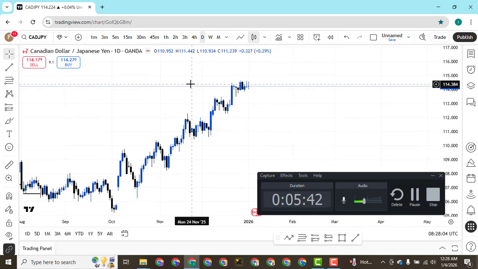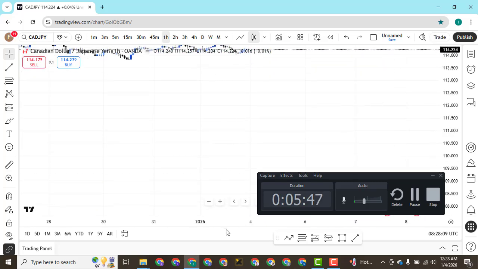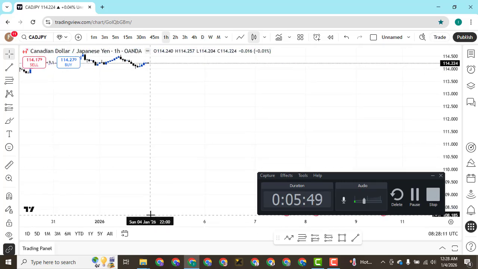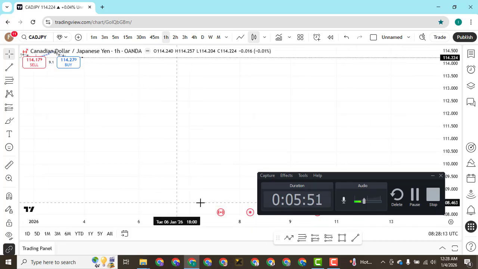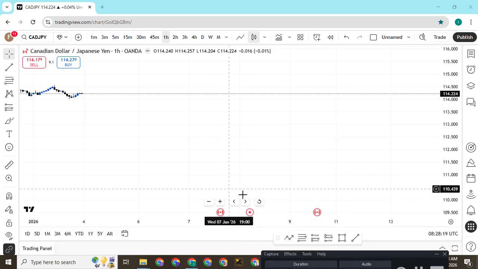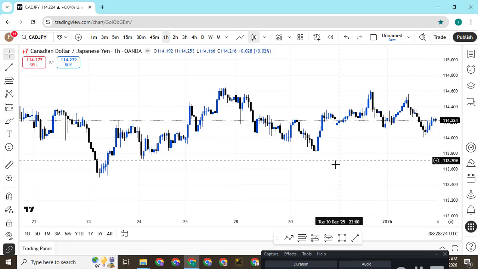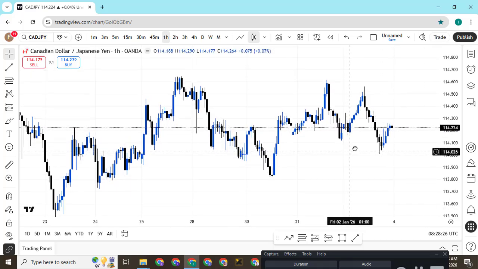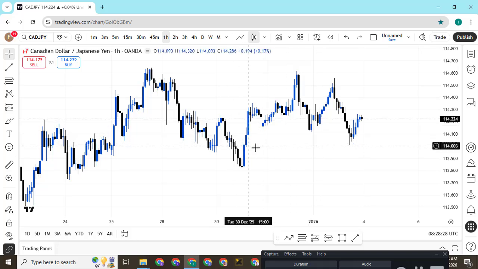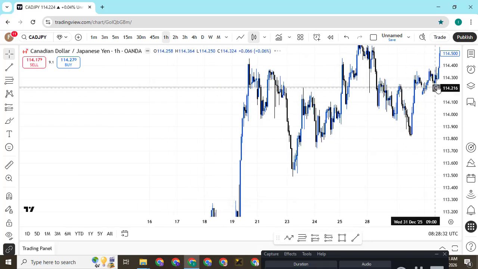Since we are in an uptrend, let me go to the 1 hour and see something. The 1 hour is where I normally take my entry. If I check the 1 hour, I can see that CAD/JPY is in an uptrend.